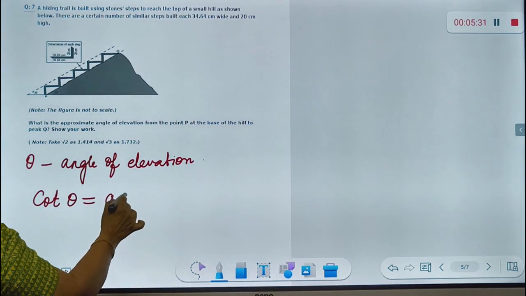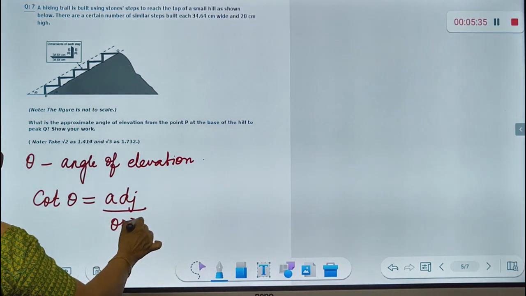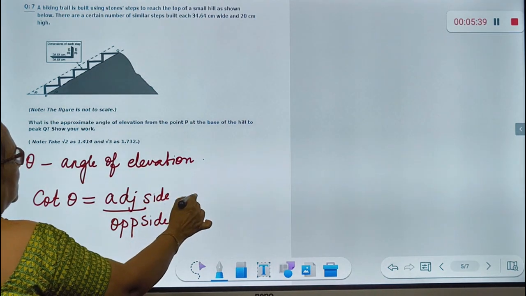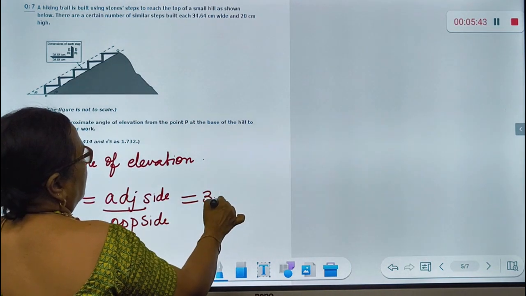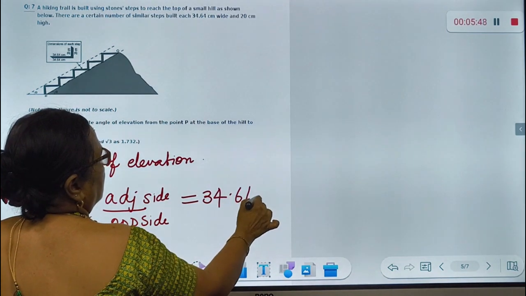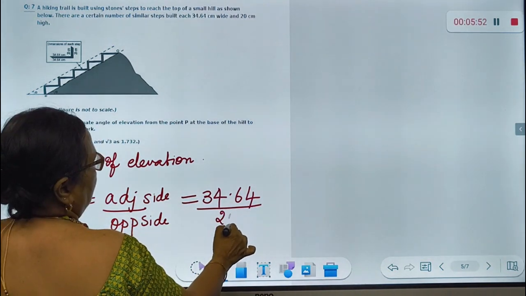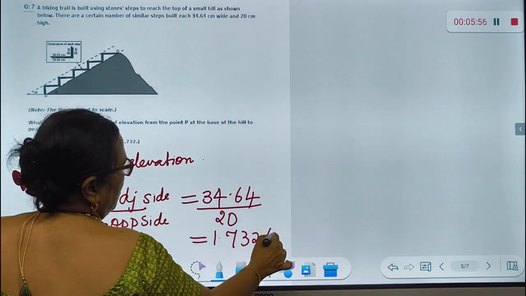Cot theta is equal to adjacent side by opposite side, which is equal to 34.64 divided by 20. This is 1.732 approximately.